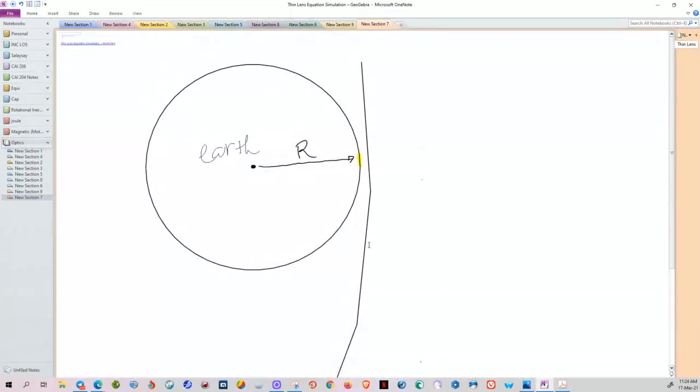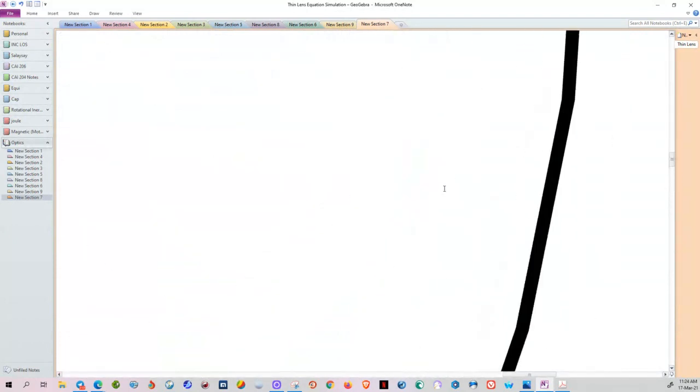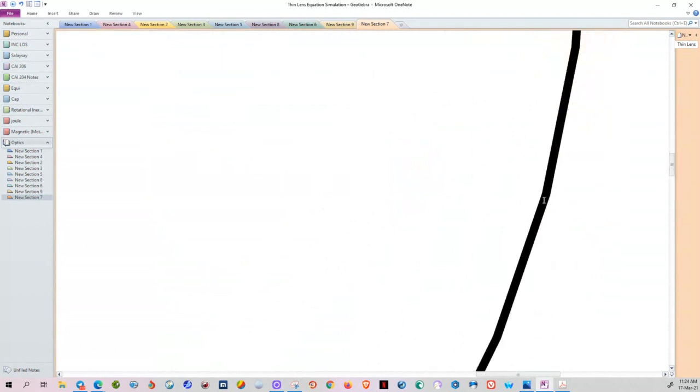You can see now what I mean. Look at the circle of the Earth. If we zoom in, you can see that it's actually made up of small straight lines.